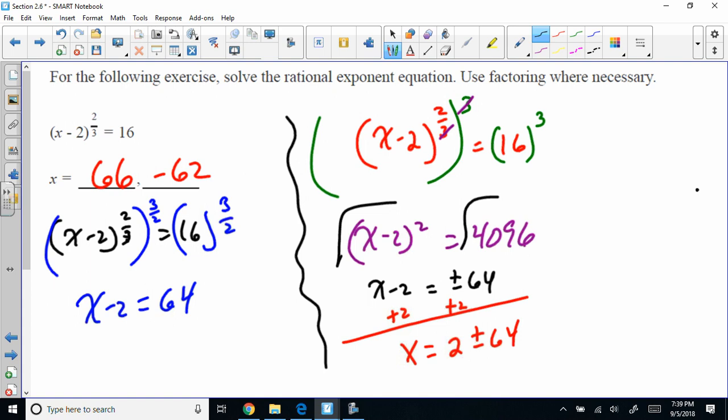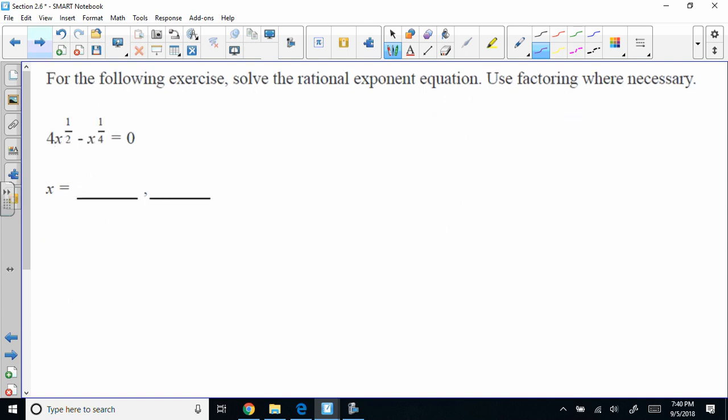You have to do plus and minus on this because it has a power of, or root of, guess what? 2 right there. And that's what you miss unless you think about it.